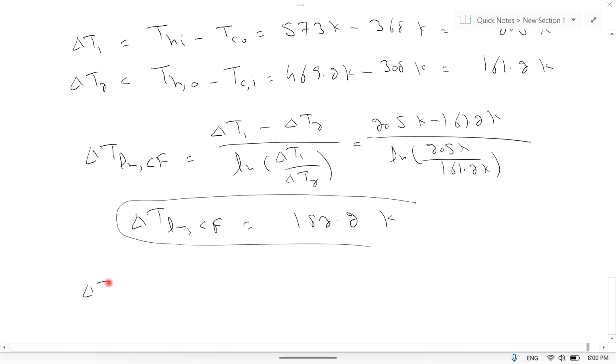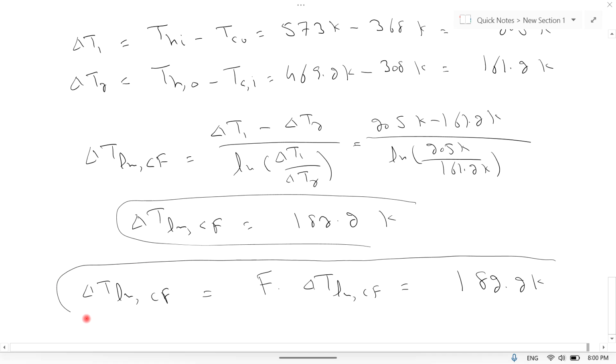So the log mean temperature difference for counterflow after fouling factor inclusion is F times del T log mean temperature difference for counterflow. The correction factor is equal to 1, which means there will be no difference, 182.2 Kelvin, because the factor in this case is 1.